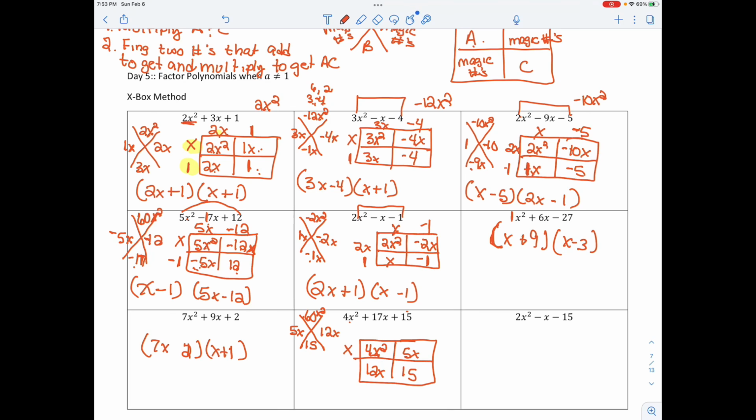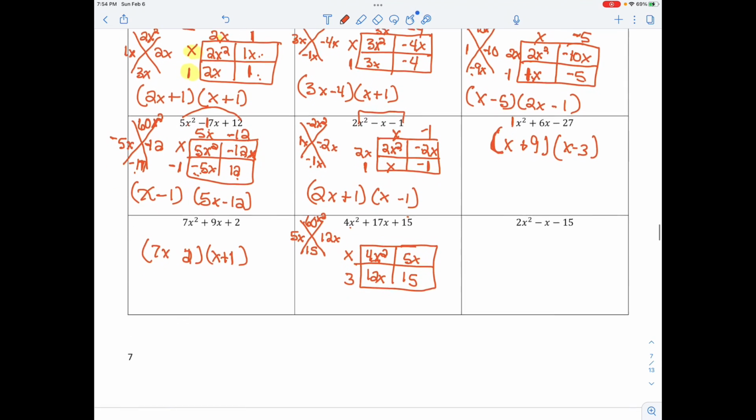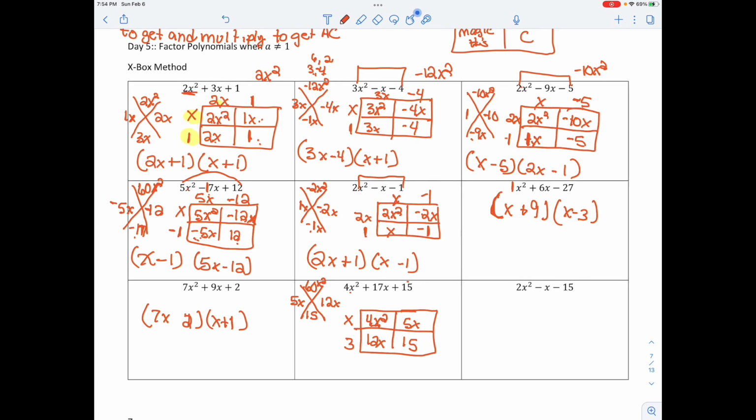And the GCF between 12x and 15 would be 3. And the GCF between 4x squared and 12 would be 4x. And between 5x and 15 would be 5. So it is 4x plus 5, x plus 3.